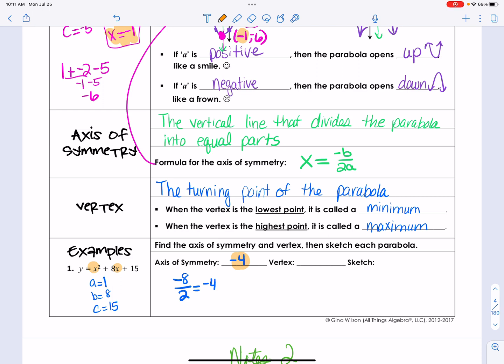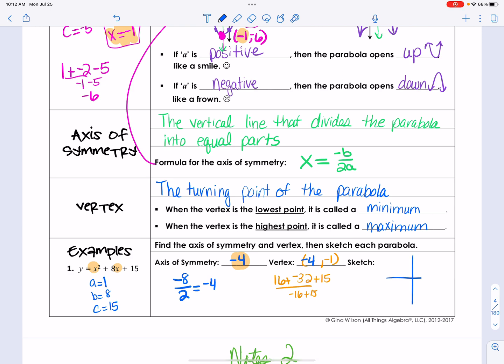So negative 4 squared is 16 plus 8 times negative 4 is negative 32 plus 15. So that is negative 16 plus 15 is negative 1. Oops, sorry. So that gives me the y value, negative 1. I already found the x value because that was the negative 4 that I found from the axis of symmetry.